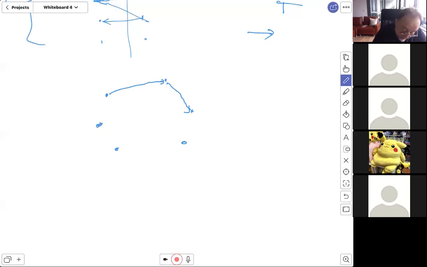Such a web page would be called periodic if for all loops that start at the web page and end at that page, the number of vertices visited is divisible by a fixed number k, right? Maybe k is 17. So a web page will be periodic if all the closed cycles of hyperlinks that start at that web page and end at that web page are divisible by 17.